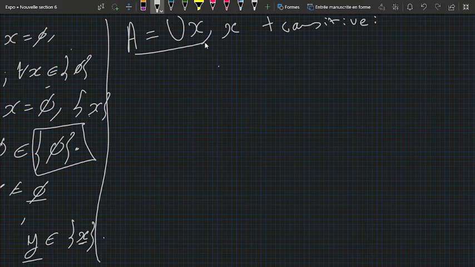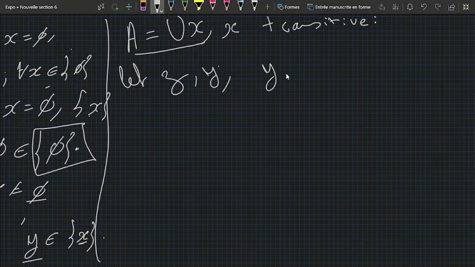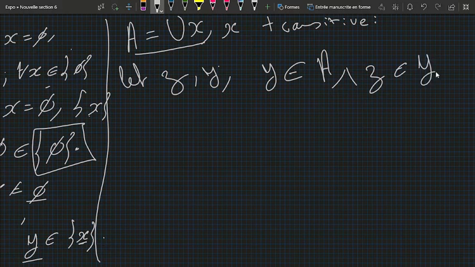So why is A transitive? Let Z and Y be such that Y is an element of A and Z is an element of Y.